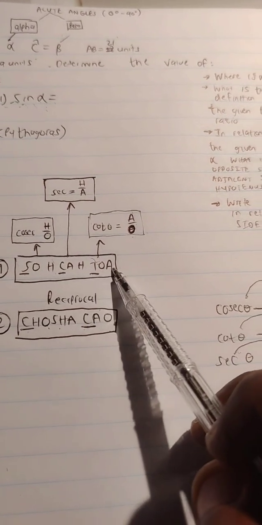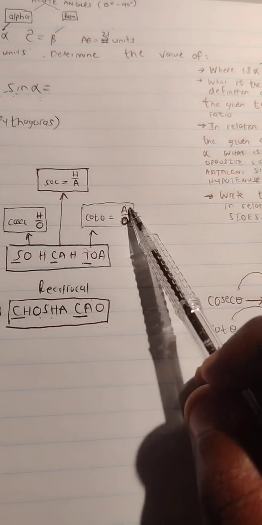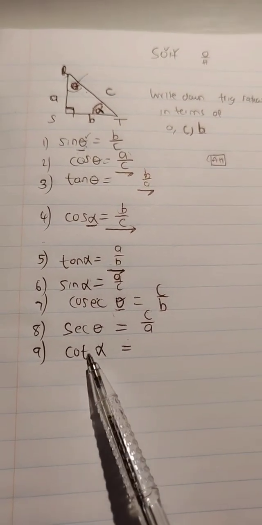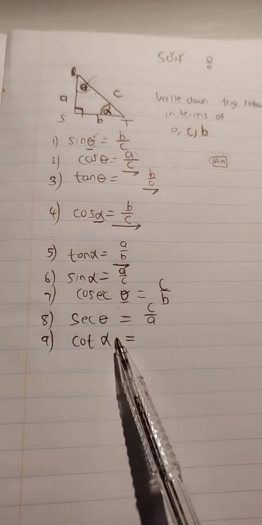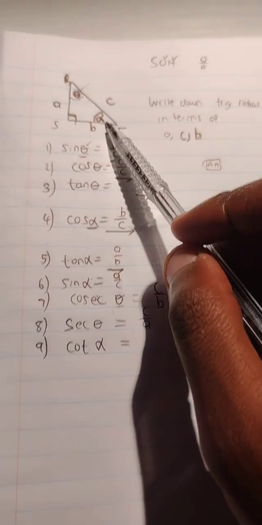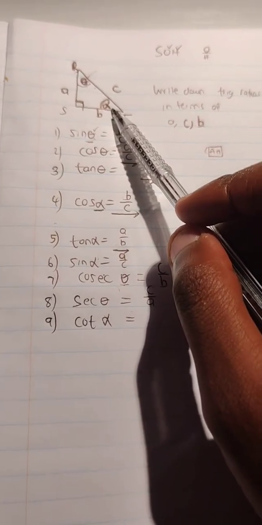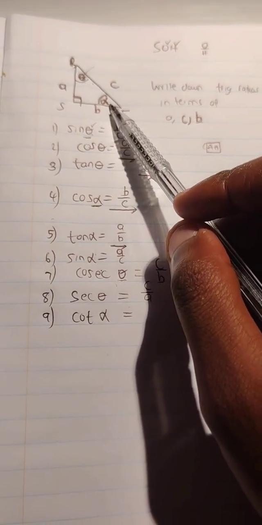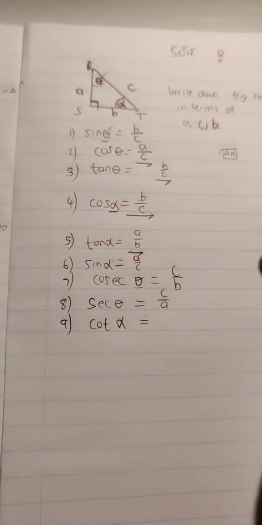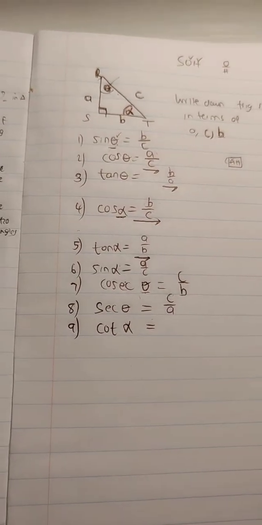So tan is TOA, opposite over adjacent, whereas cot is adjacent over opposite. But remember, we are now referring to which angle? Alpha. So our angle of reference is this one. And we know that the definition of cot there is adjacent over opposite.